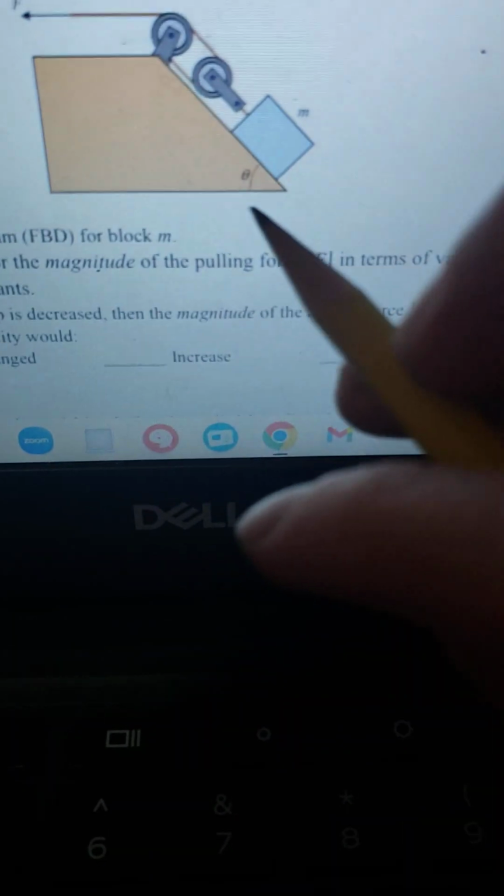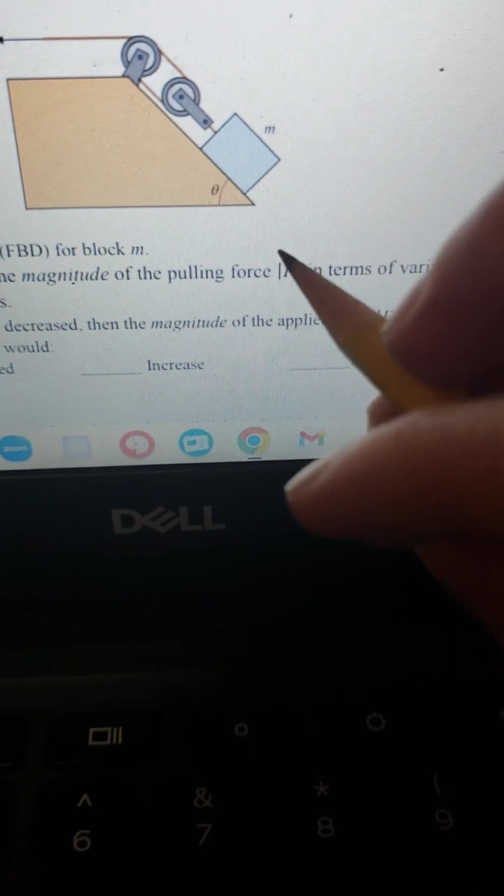And for Fk, we know that Fk is equal to mu times Fn, but the Fn will be cosine, because we're assuming this angle comes from that angle right there, and Fn is on the x-axis. That's why it's cosine.